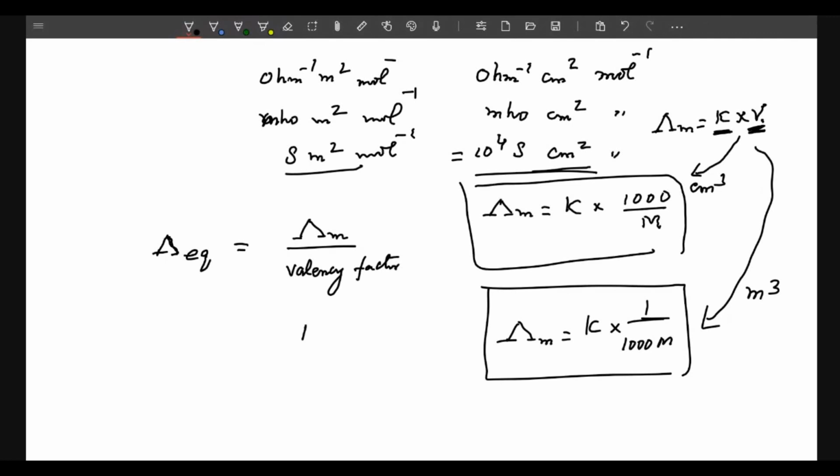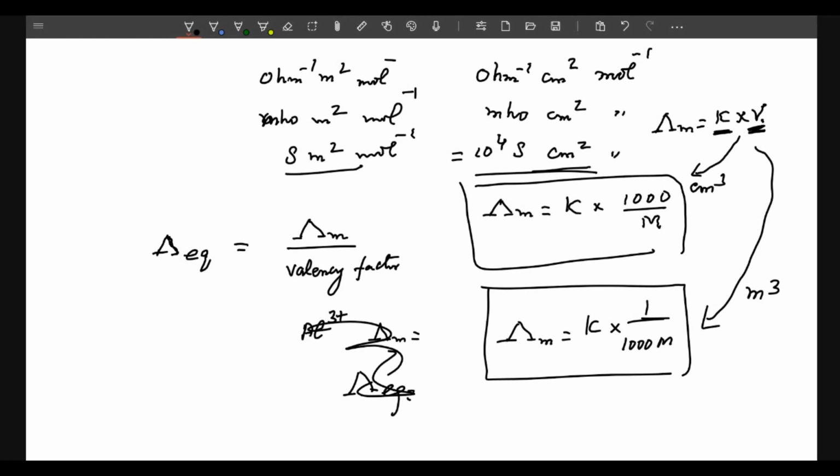For example, aluminium ion is given, and let us assume its molar conductance is given. What would be its equivalent conductance? They may ask you this, for which you should know, just like our equivalent weight and molecular weight determination, lambda M divided by valence factor.